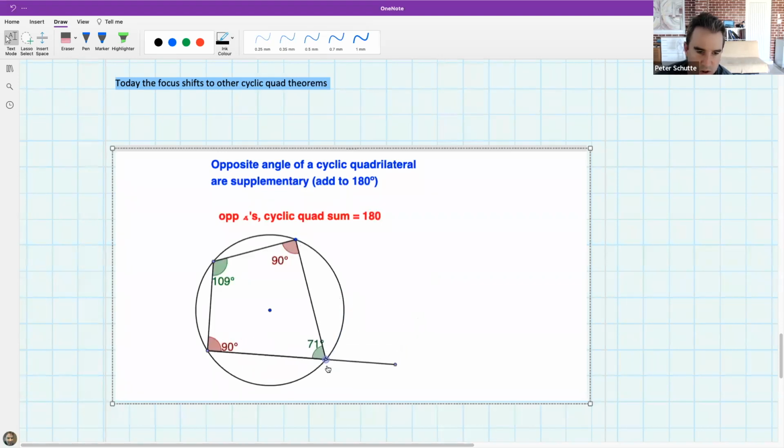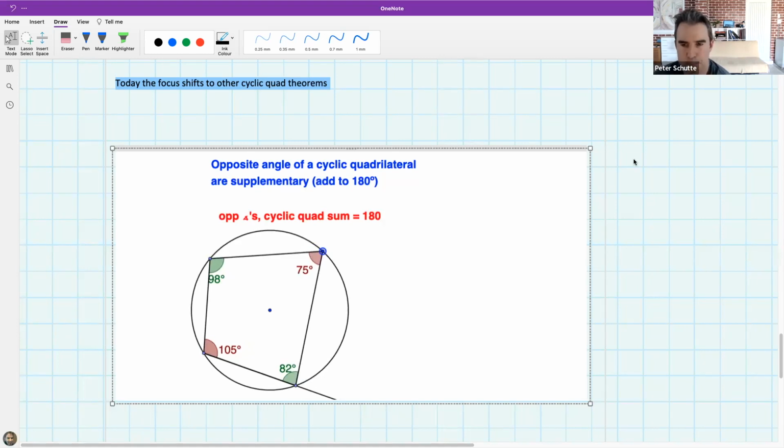Now, you'll notice that even though some angles change, some things stay the same. Take a moment to look at that and maybe put in the chat, what do you notice about cyclic quads and their interior angles?